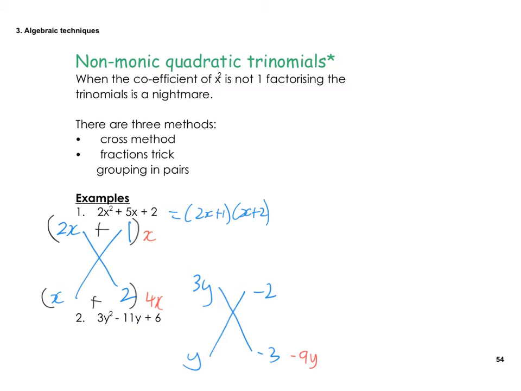Minus 2 times y is minus 2y. Now does minus 2y plus minus 9y give me minus 11y? Yes it does, which means my answers are right here. So equals 3y minus 2, y minus 3.